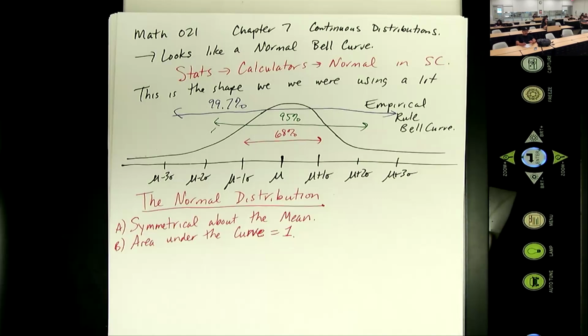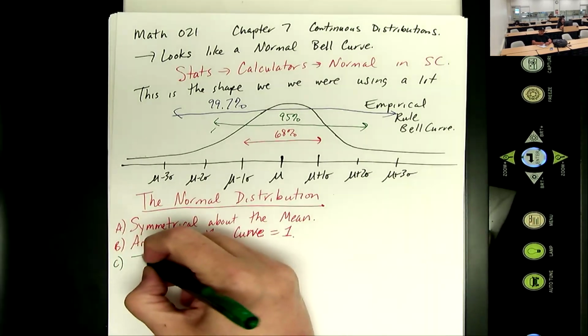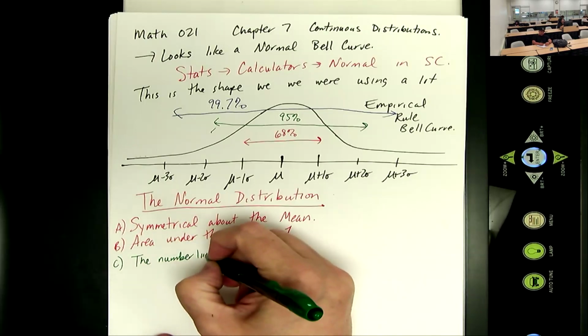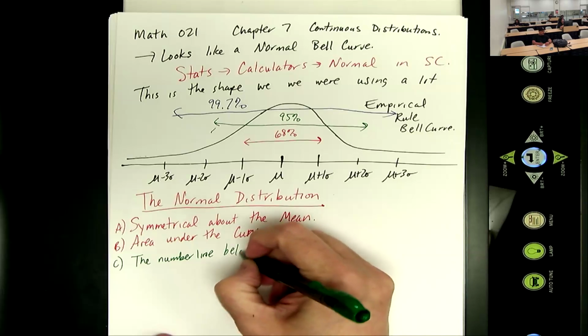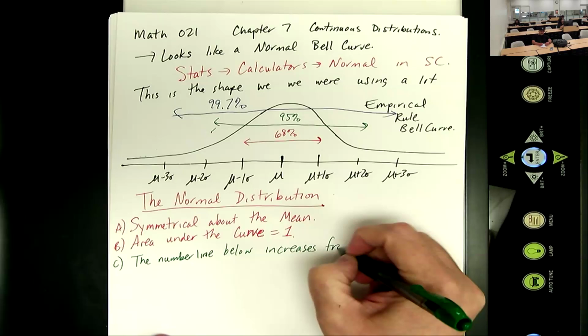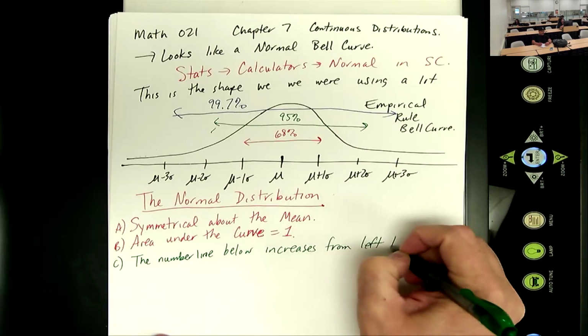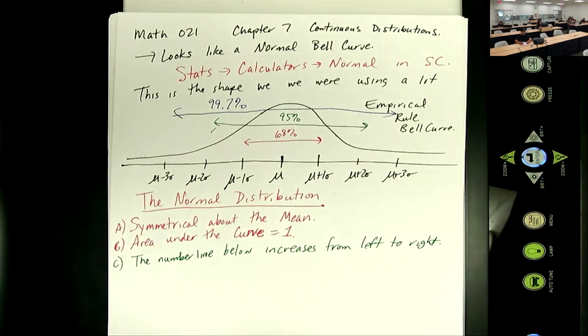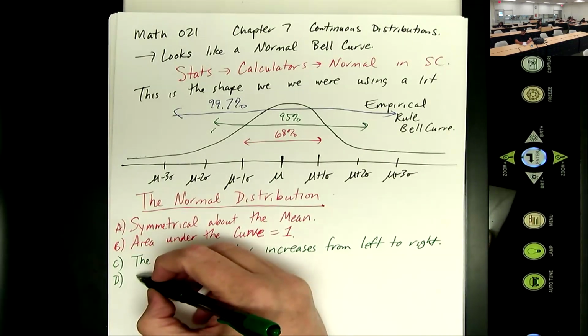The number line increases from left to right. Number line below increases from left to right. And the graph never touches that line.